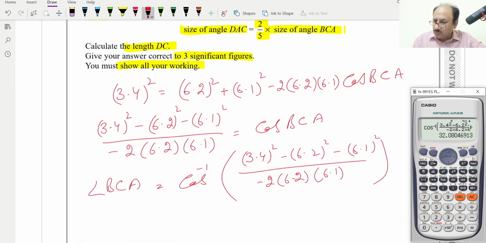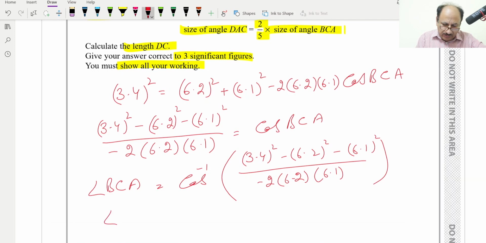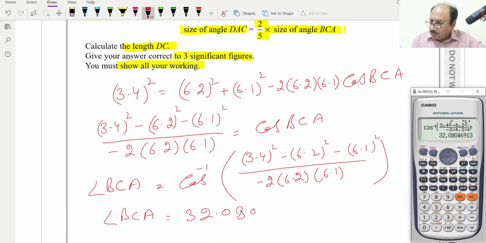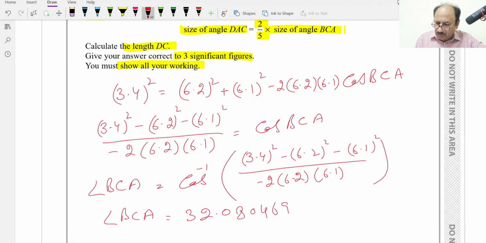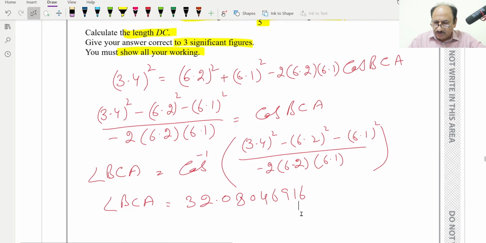This is equal to 32.0846913. I have written the whole calculator number for your explanation, or we can write 32.08.